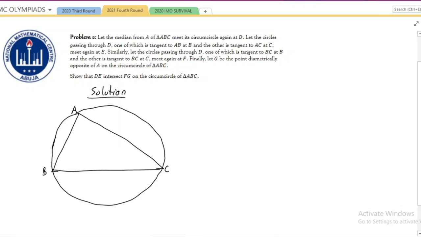Okay, and the midpoint is here. Just call that M. So we're going to extend that, and we have T. Good.